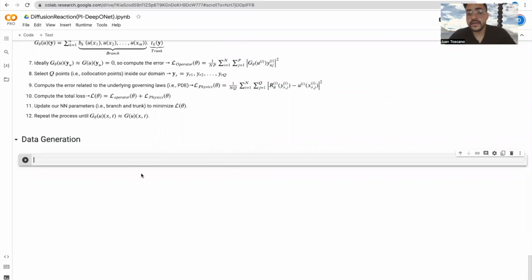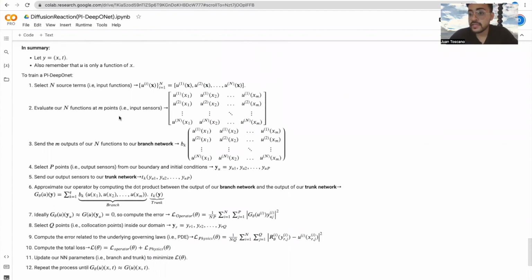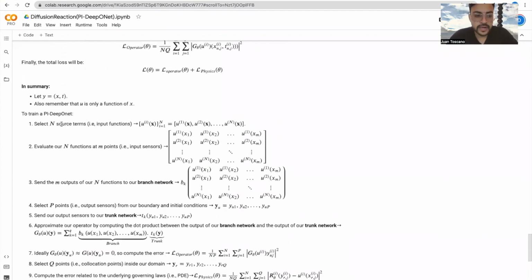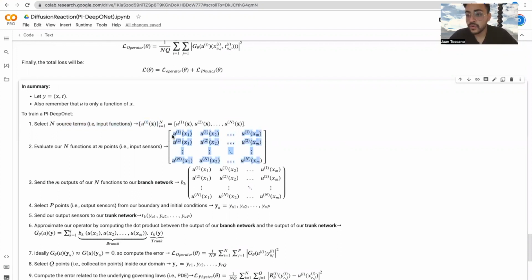Let's start creating our data. Remember that this partial differential equation is parameterized by these input functions u. So we need a lot of input functions to train our model.